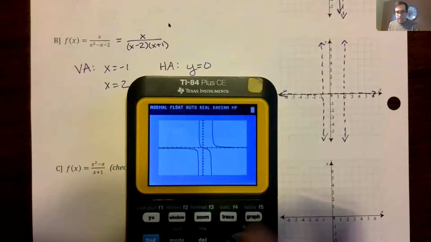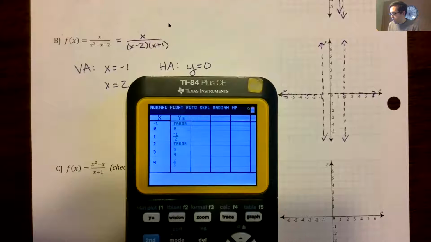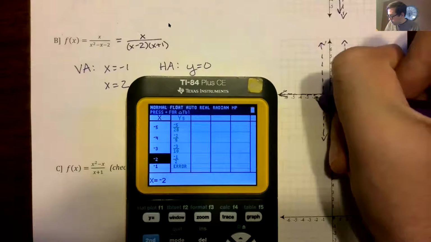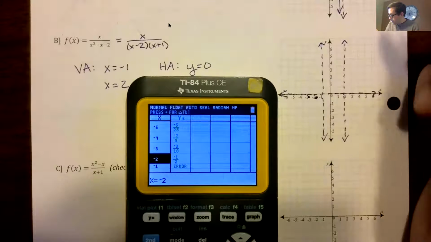But now we have 3 sections, so we need points for all 3 sections of the curve. Let's see what we got here. Doesn't look like we have very nice numbers, so we're just going to have to make do. So -2, -1/2, and -3, -3/10, something like that.